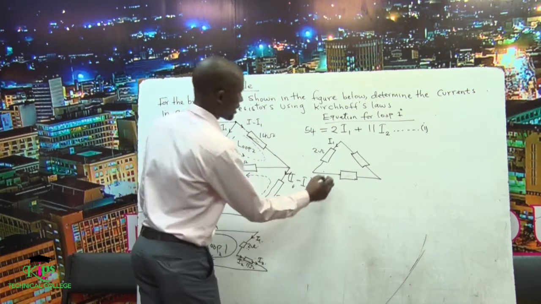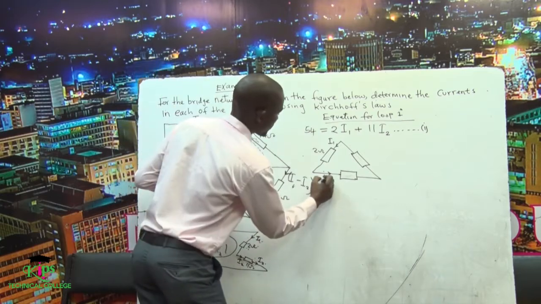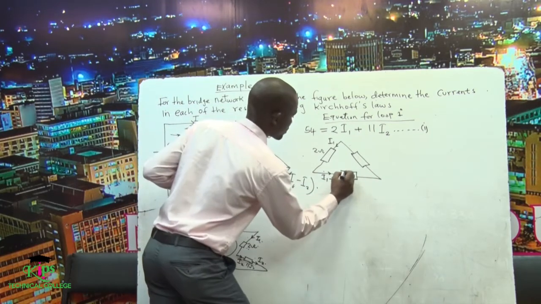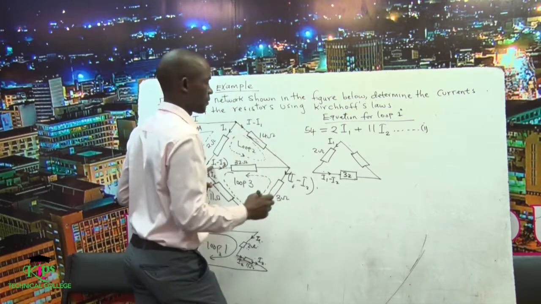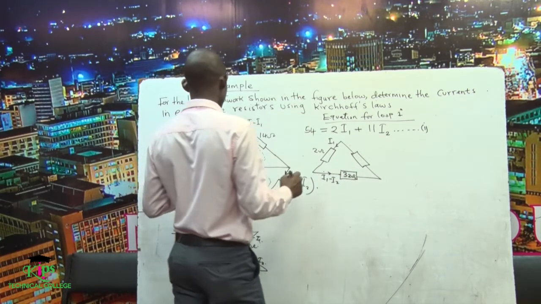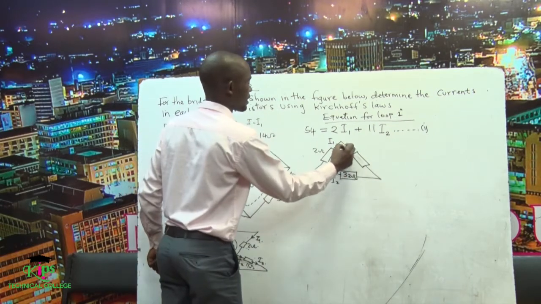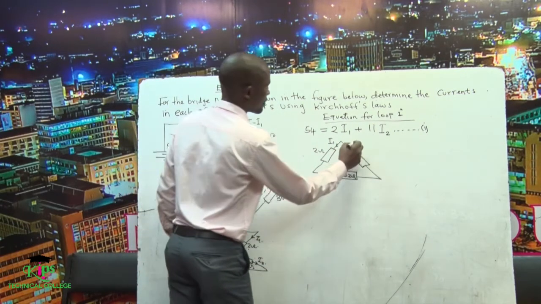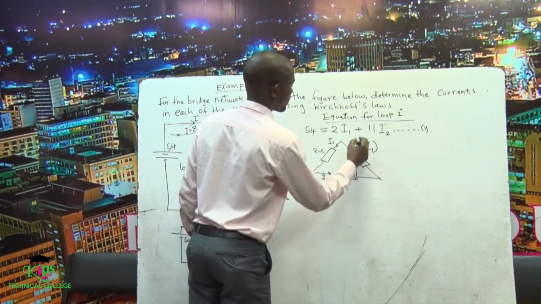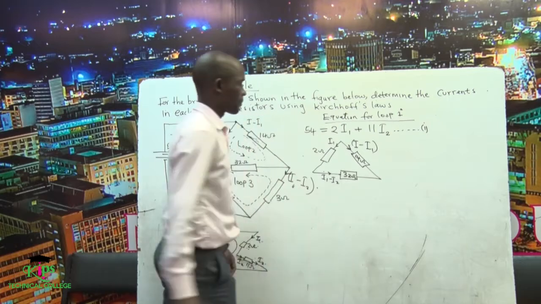The current flowing here is I1 minus I2, and the resistor there was 32 ohms. The directions of the currents are very important here. This is I minus I1, and this resistor is 14 ohms.